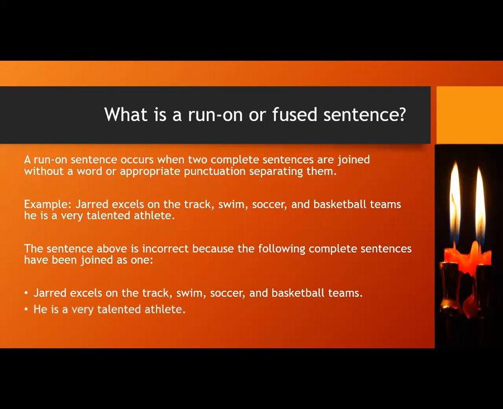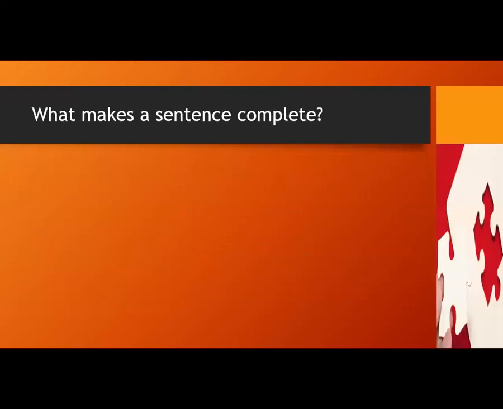This type of run-on sentence is fairly easy to spot. Both complete sentences, or independent clauses, contain a subject and a verb, as well as a complete thought. Now, you just heard me use the term independent clause. When English teachers discuss complete versus incomplete sentences, they refer to complete sentences sometimes as independent clauses.